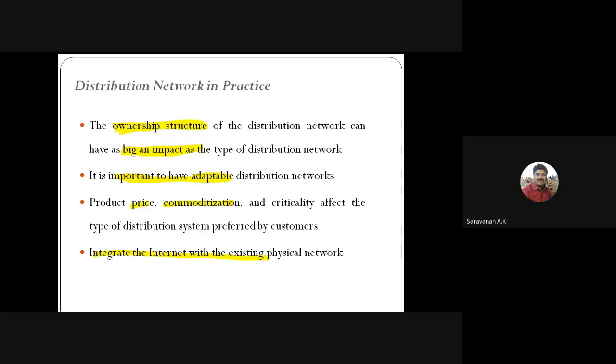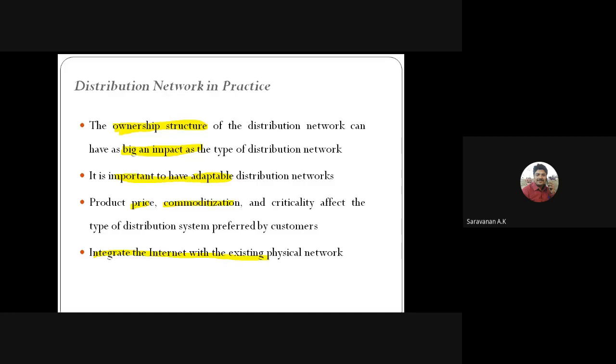So the customers are willing to have a relationship solely around the particular product, right? The customer has a very good willingness to have a relationship with a particular product seller.